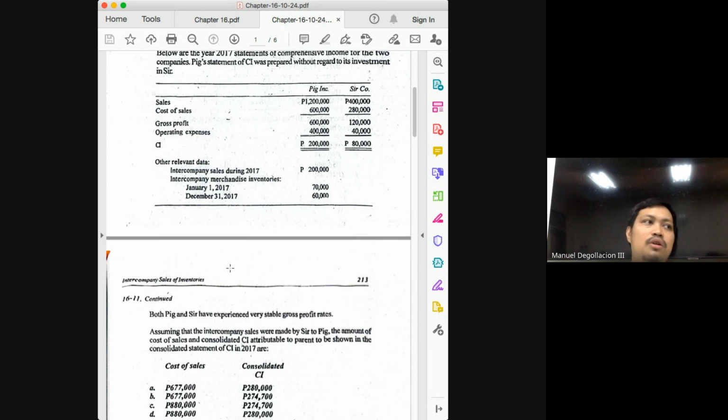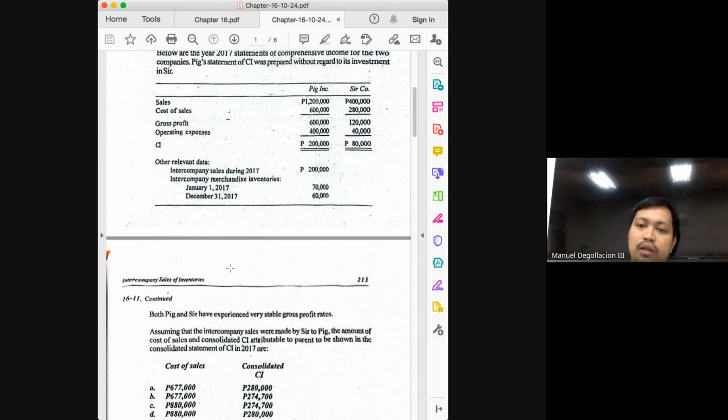Next, consolidated operating expenses. If this is asked, this is given as a bonus question, which you will still have to answer. But it's a bonus question because normally there is nothing to remember. You just combine the two. Consolidated operating expenses, 400 plus 40. So the consolidated operating expenses would be 440.